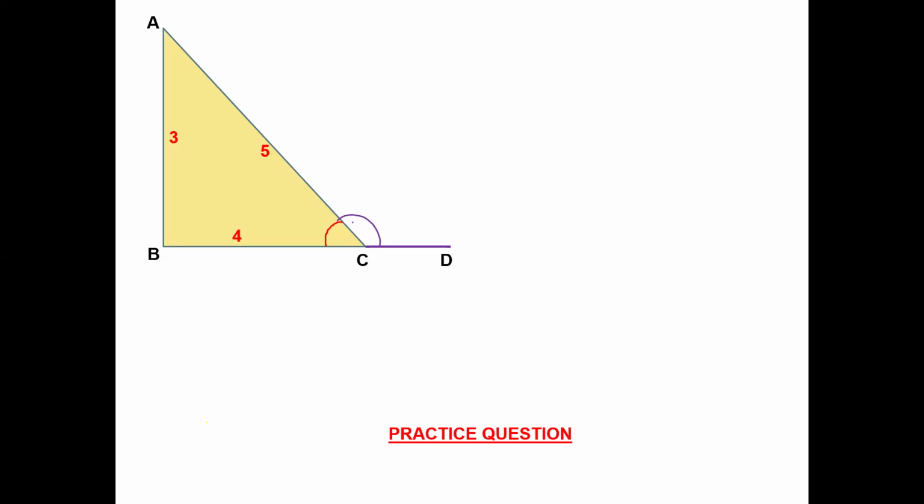Now you have to see the property. What would be sine ACD? You have to look carefully: is ACD the exterior angle? Yes. Now we need to find the exterior, but as a property of supplementary angles, we know the values would be the same. So because we cannot work out the exterior angle, we have to work out the interior angle.